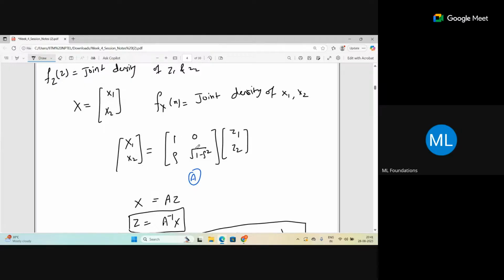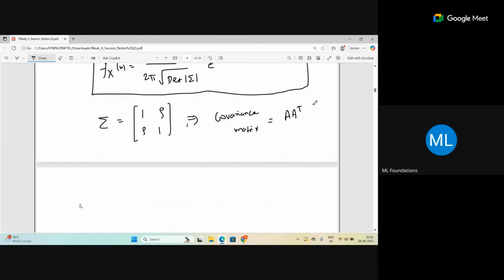So A is this matrix. If I do the multiplication of A and A transpose, then I should get the covariance matrix. In general, this covariance matrix will be of this format: a square, rho a b, rho a b, and b square.